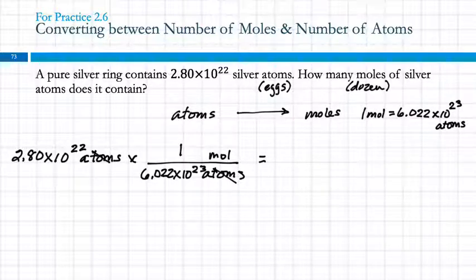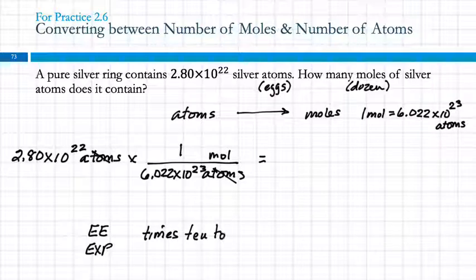Then we have to do this on our calculators, which is another issue. And this number here is one of the reasons why we just have to become proficient with scientific notation. So remember that the EE button or the EX button on your calculator means times, well, actually I'm just going to write it in words, means times 10 to the.